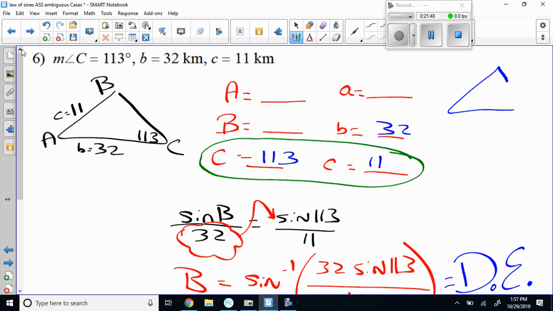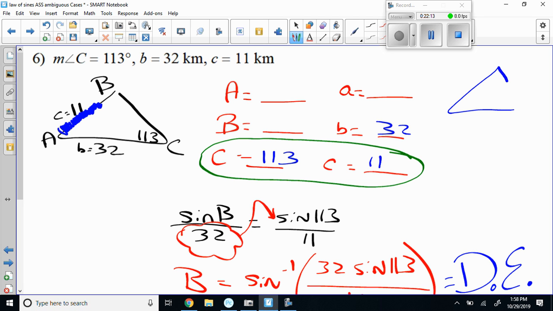So basically, this right here, angle B there is, if you want to think of it like that. It won't do it. You've got a portion of it missing, right?